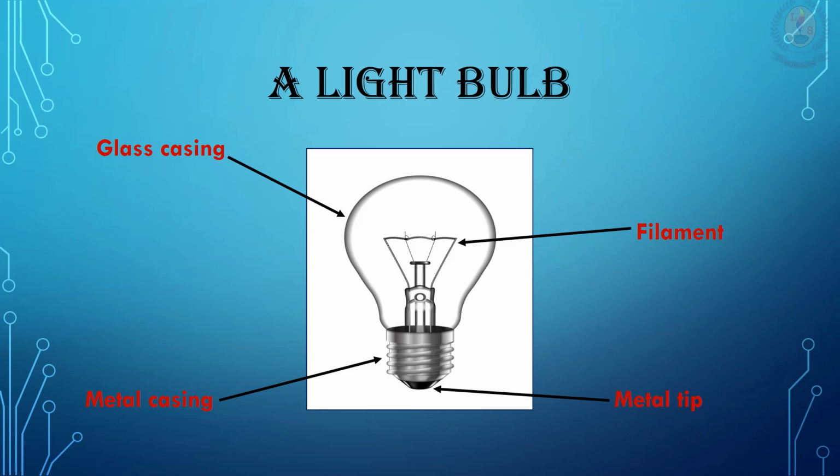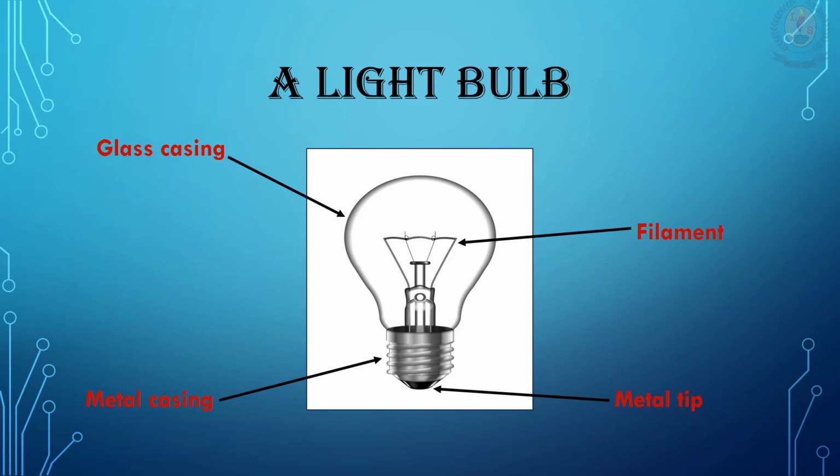An electric current passing through the filament heats it up until it glows white hot and gives off light. So my dear children, when the electric current passes through the filament, yes, it gives light.